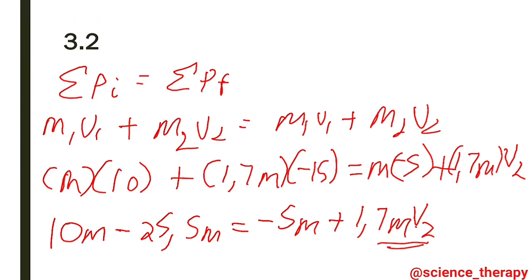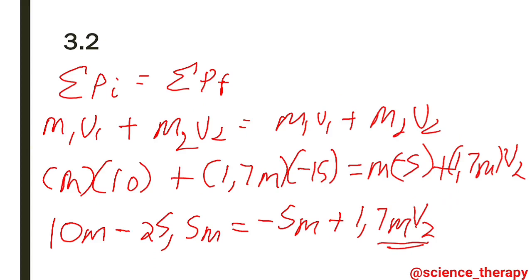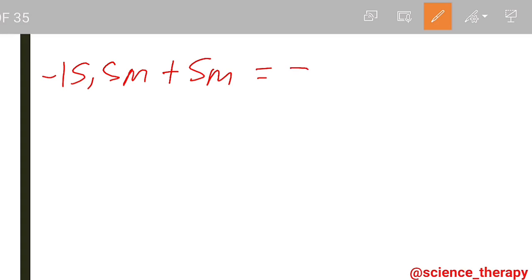Now that means we have to say 10m minus 25.5m. That gives us, having calculated that, negative 15.5 m, and then if we transpose the negative 5m, we have plus 5m equal to the one that is left there, which is 1.7 m dot V2, right?